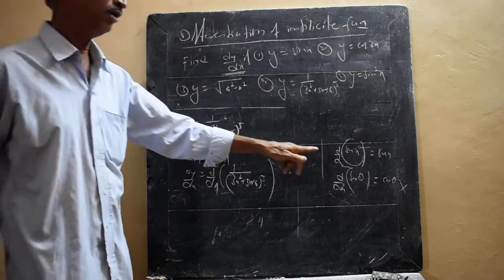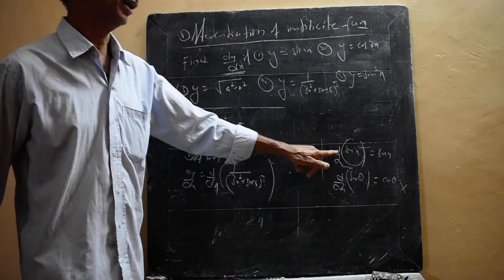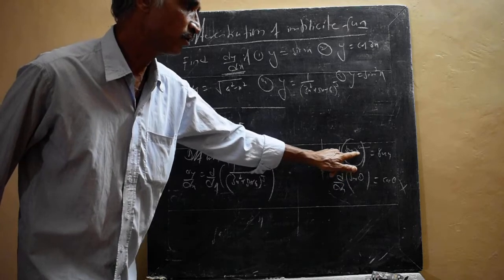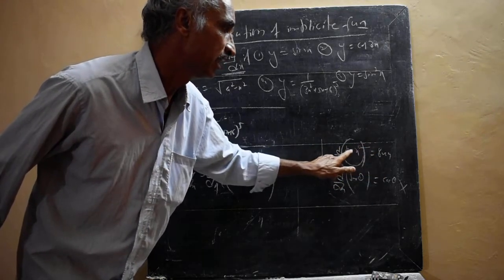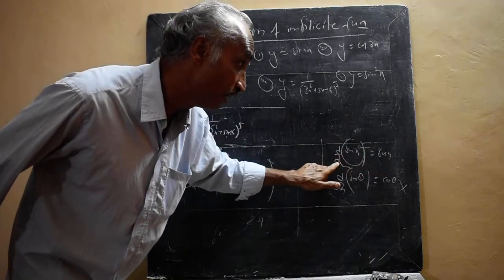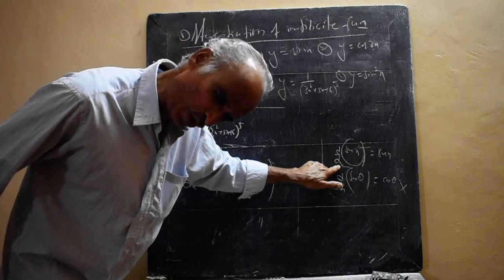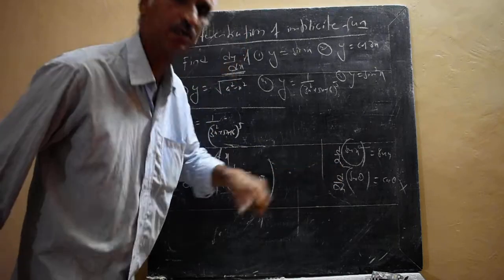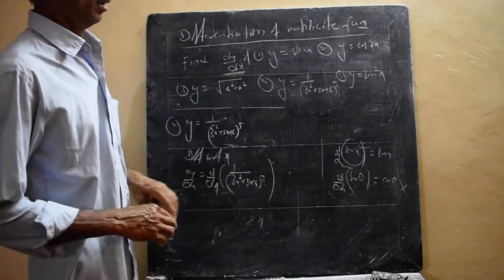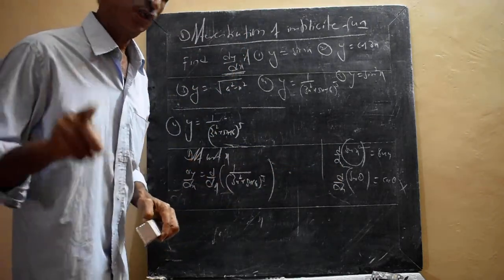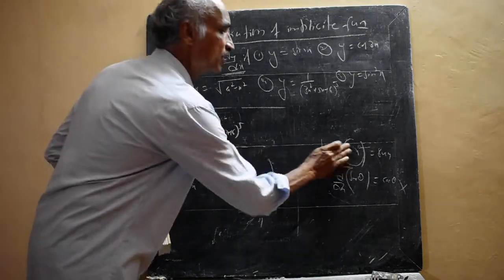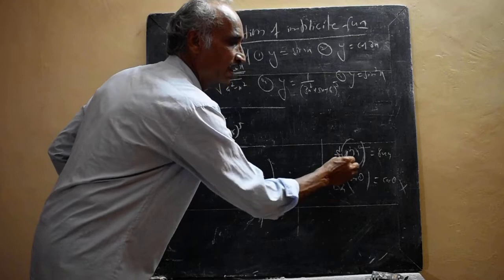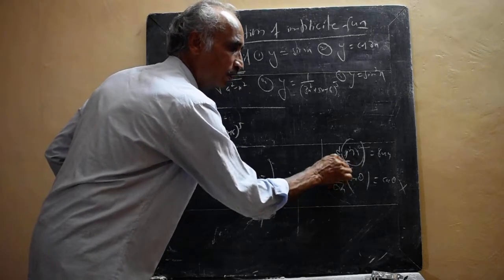But mind one point here. I am differentiating a function of x with respect to x, then only I can take the respective formula. Differentiation of sin x is cos x, provided the differentiation is with respect to x, which is d by dx. d by dx of x raised to n is n into x raised to n minus 1, because I am differentiating x raised to n, the variable is x, with respect to x only.